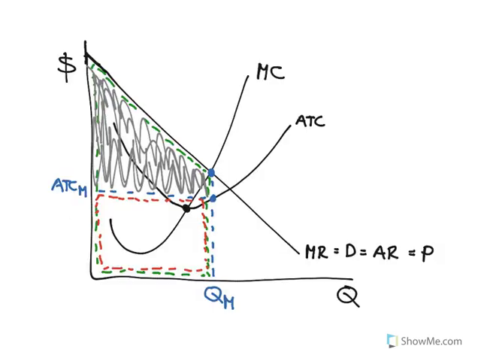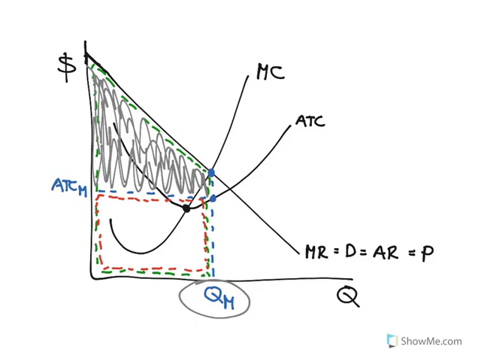Why is that? Well, because look at the quantity the price discriminating monopoly is producing. It's the allocatively efficient quantity because they're producing where marginal cost and demand are the same. They intersect. And so they're allocatively efficient and therefore no deadweight loss.